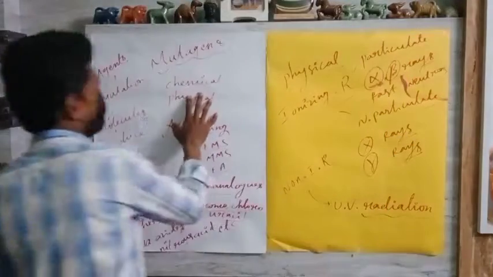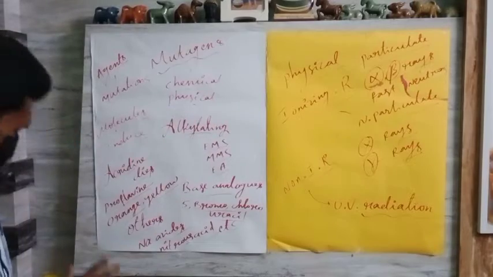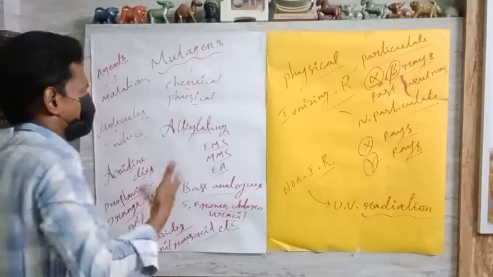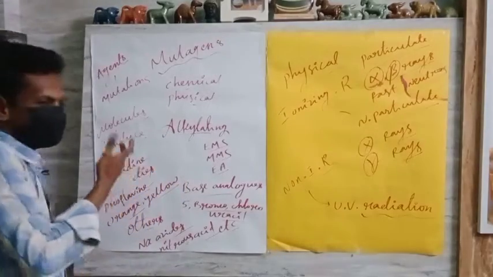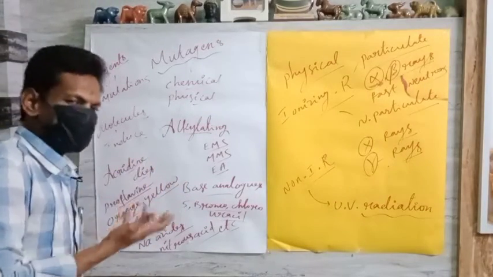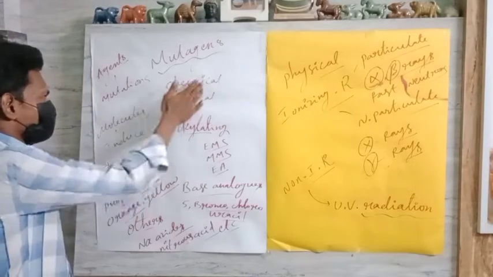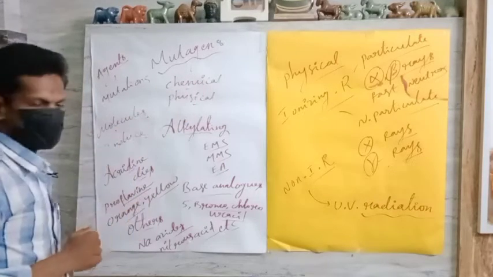So what are these chemical mutagens? In the sense, these are the special type of molecules which induce or cause the mutation. Those come under chemical mutagens.